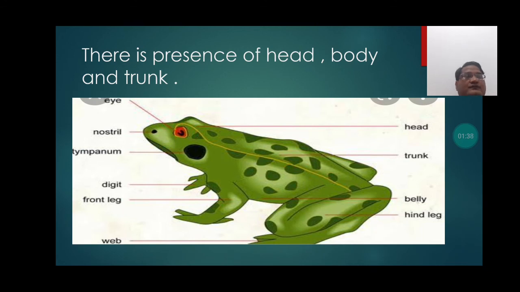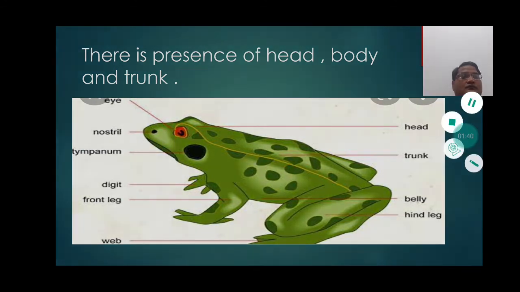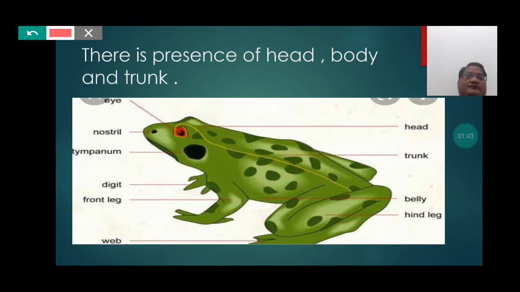So students, the most important feature of the amphibians is that their body is basically divided into three important parts, which are head, body and trunk.